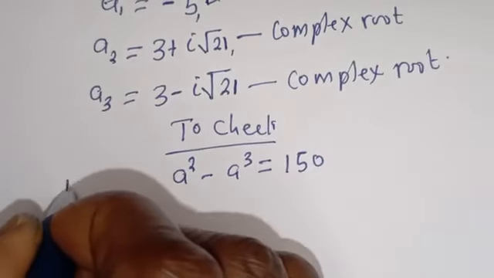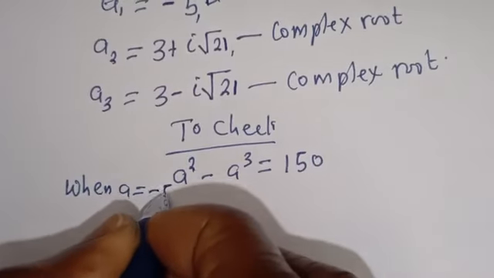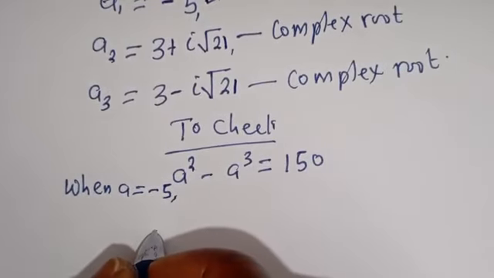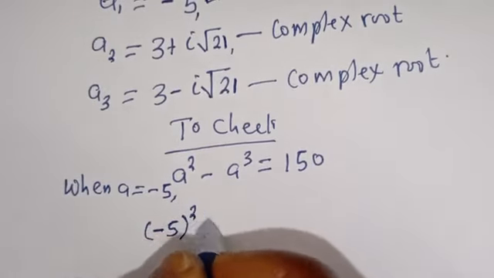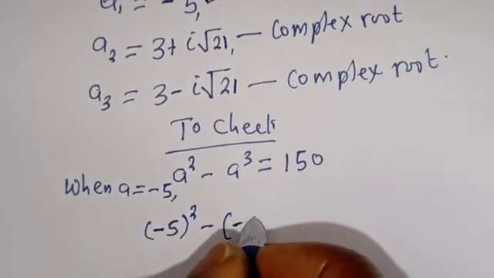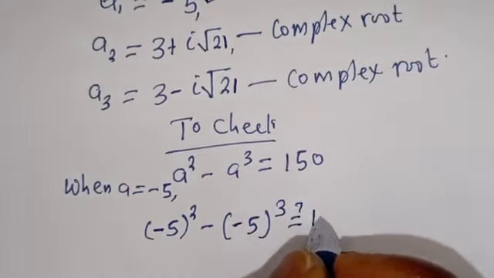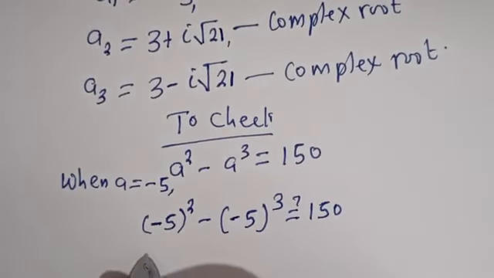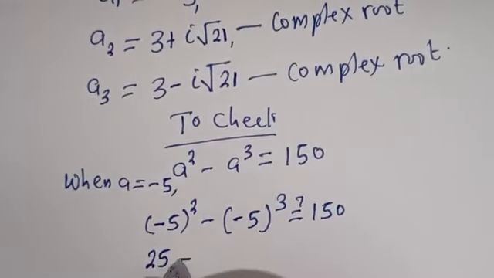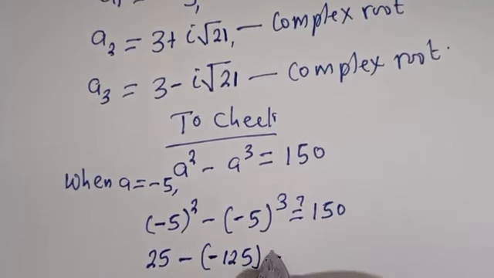When a is equal to minus 5, we have minus 5 squared minus bracket minus 5 to the power of 3 must be equal to 150. Then minus 5 squared is 25, minus bracket minus 5 to the power of 3, that is minus 125, must be equal to 150.